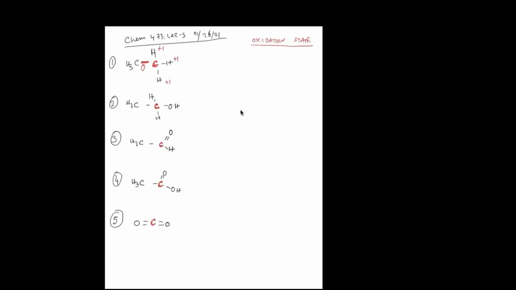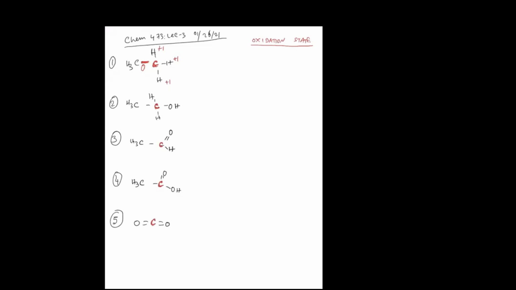Now here, we have 3 hydrogens, and the H's are going to be +1, right? Yes. So to calculate the oxidation state of the carbon, we need to first identify if this compound is neutral or charged. The way it is drawn, this compound is neutral.